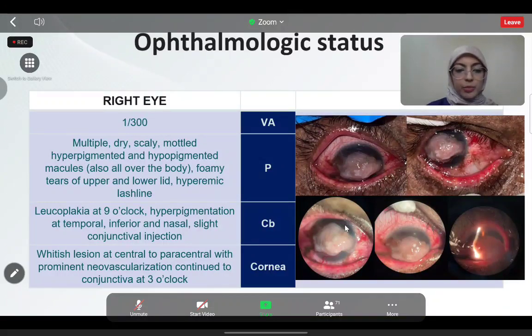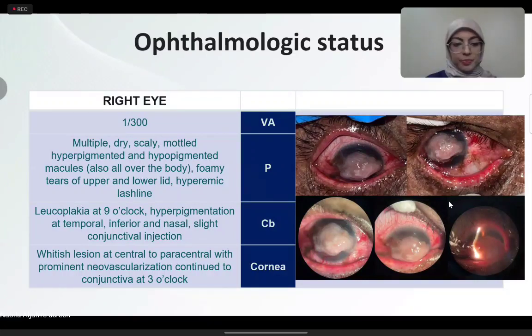At the conjunctiva bulbi, we can see leukoplakia at 9 o'clock with hyperpigmentation at the temporal, inferior and nasal side with slight conjunctival injection. Whitish lesion at the central to paracentral area with prominent neovascularization continued to the conjunctiva here at 3 o'clock.